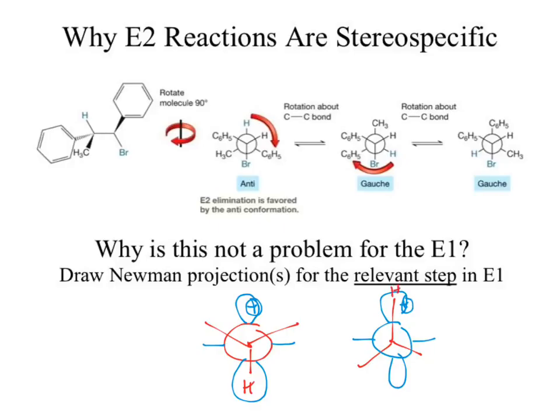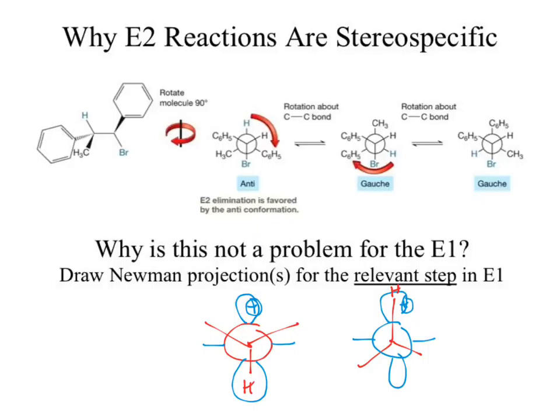In the intermediate, I have a sigma bond connecting the carbon with the hydrogen and the carbon with the cation. I can do a free rotation there, which means whichever one of those generates the more stable product is going to be my product. That's why I'm getting the trans in the E1. In the E2, there's only one Newman projection that works. There's only one case where my hydrogen lines up with the leaving group, and that's because the leaving group has not left yet.